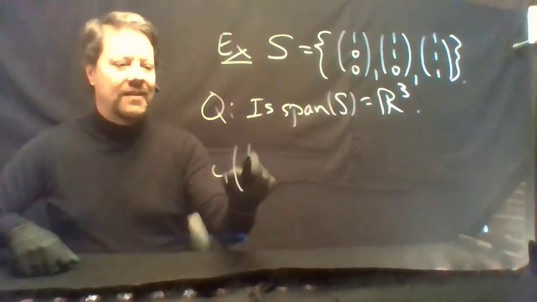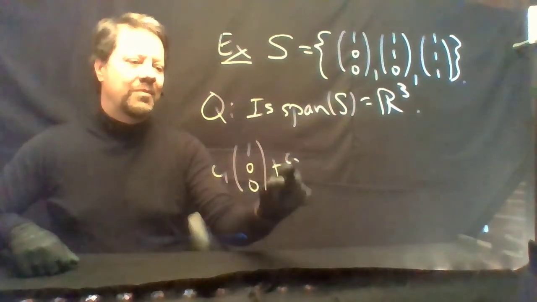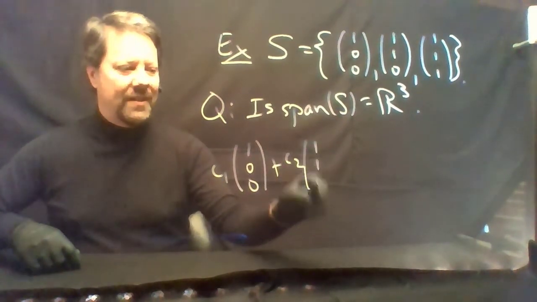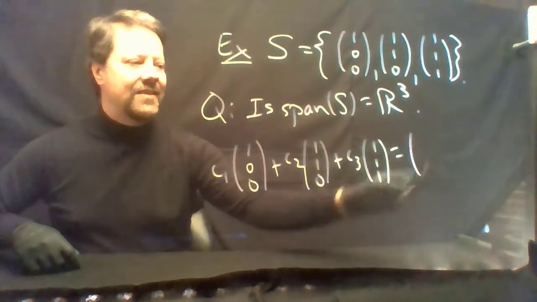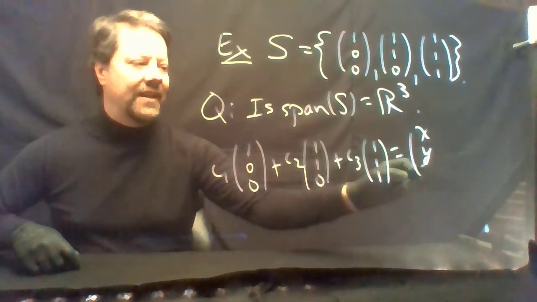We'll take C1 times (1, 0, 0) plus C2 times (1, 1, 0) and C3 times (1, 1, 1), and see if we can construct an arbitrary vector (x, y, z).